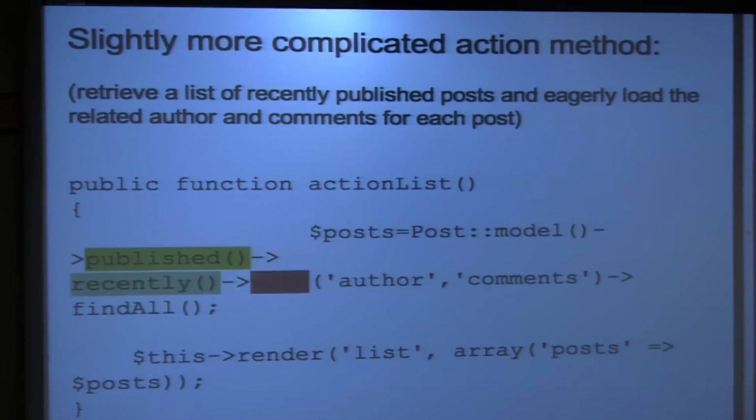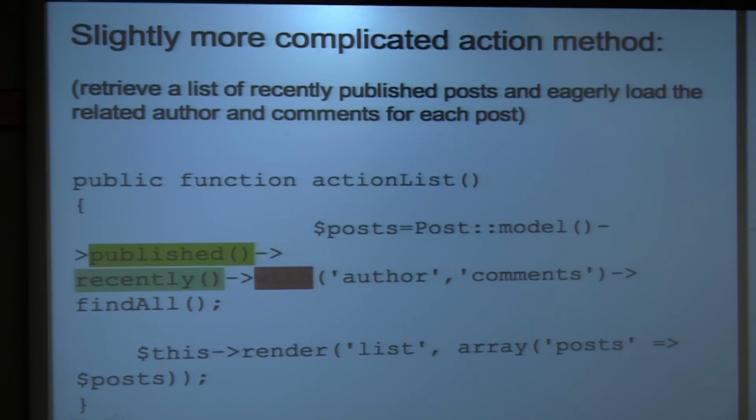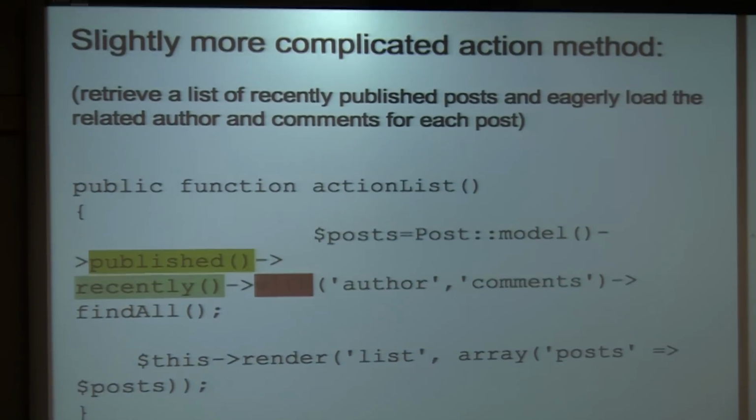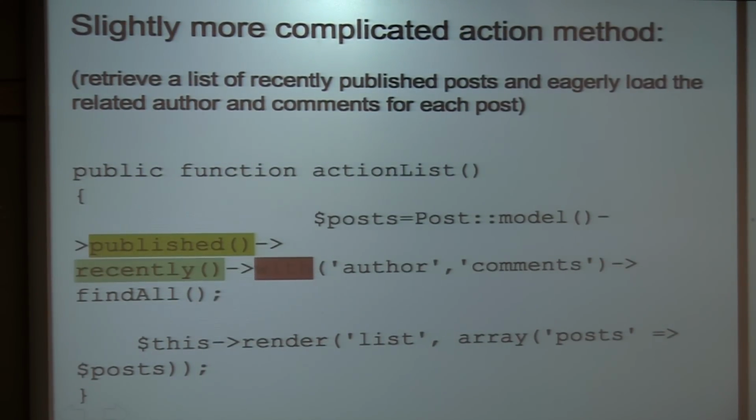I'm introducing two things at once: name scopes, as well as eager loading of related entities, which means it will load them right when you ask for them, rather than wait until you later request an author or the comments, which would execute a subsequent SQL statement.